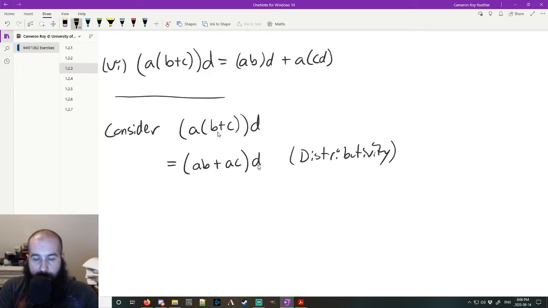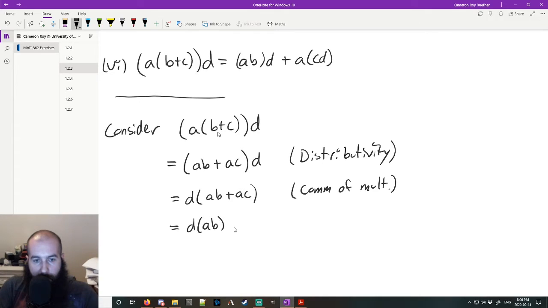So we would have to move the D to the left and then distribute. To move it to the left, we can use commutativity. And now we can distribute. When we distribute, there'll be brackets around the AB and brackets around the AC because they were multiplied first before the D showed up. So we need to keep track of that with the brackets.